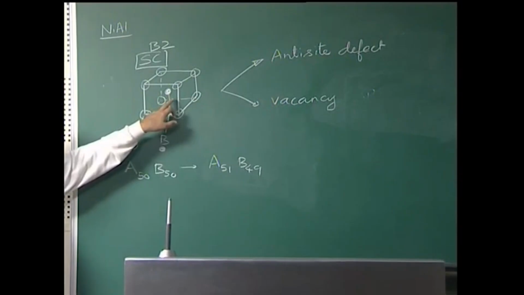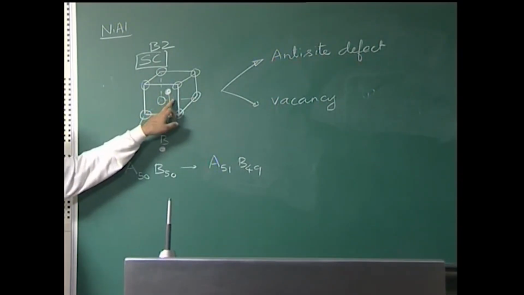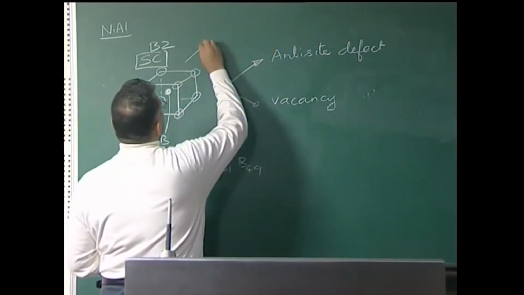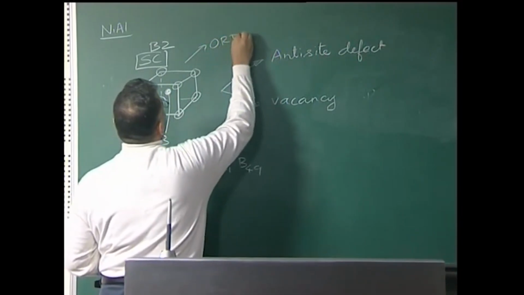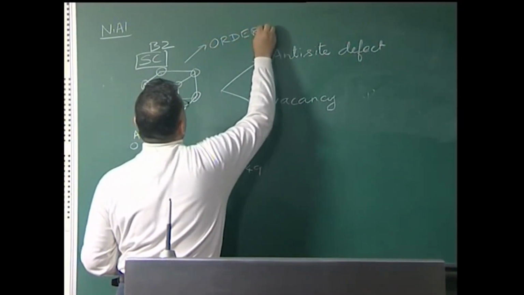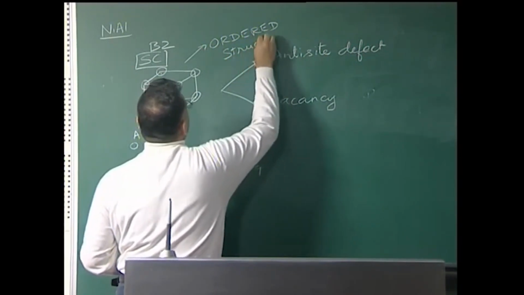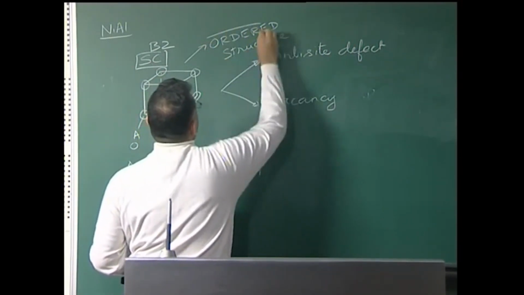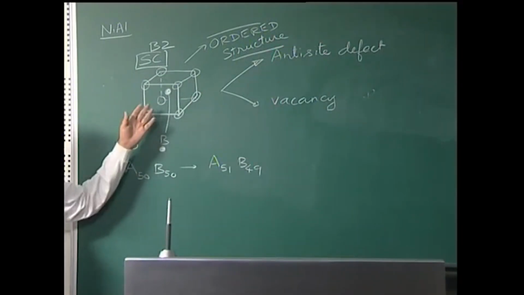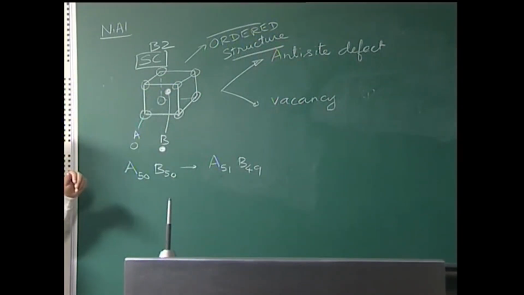As you might be aware, this kind of structure is called an ordered structure, and it is sometimes also referred to as a superlattice, which can be thought of as two interpenetrating simple cubic sublattices.